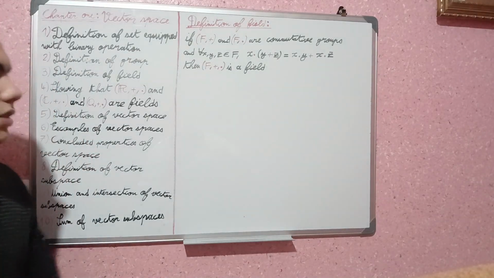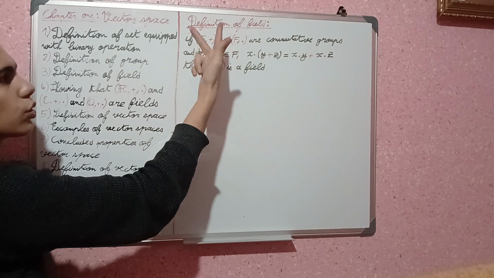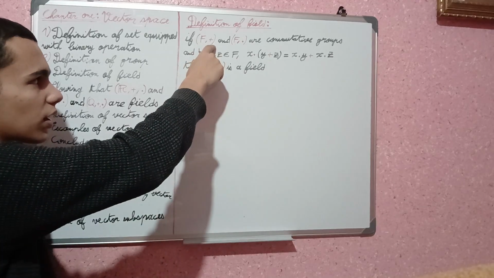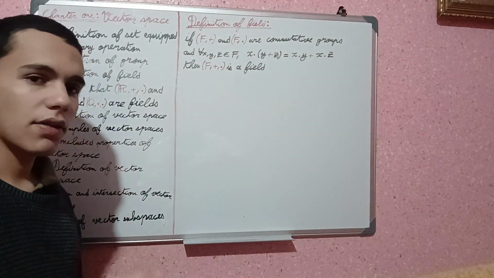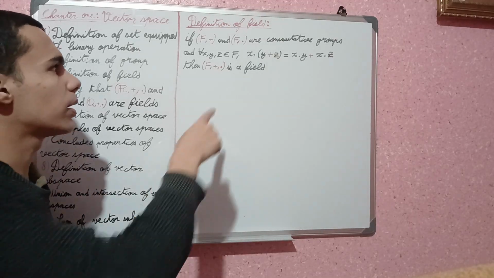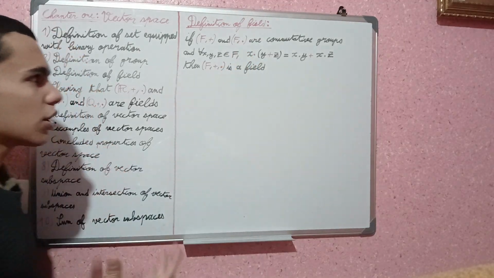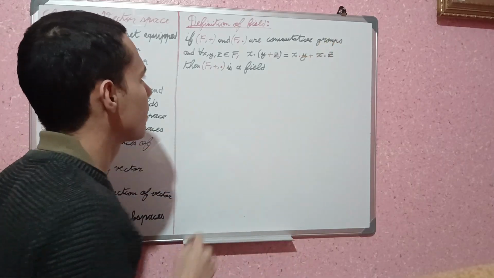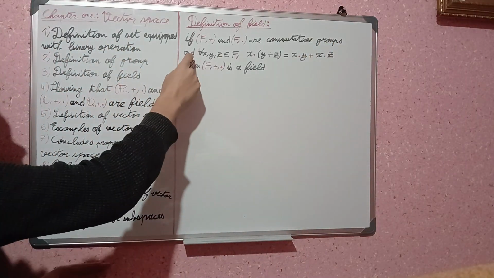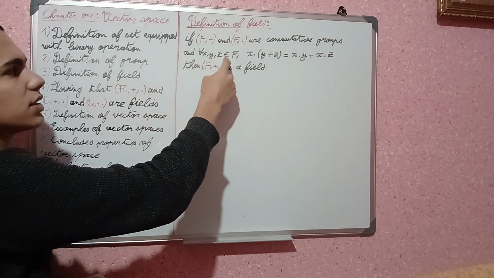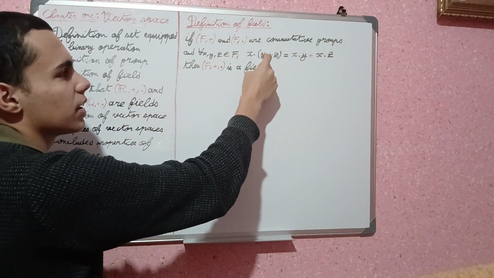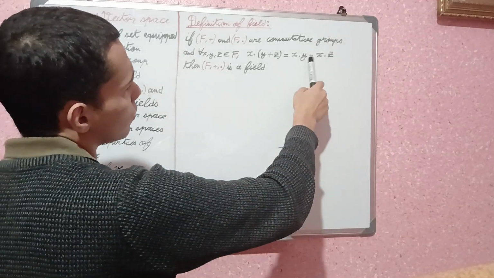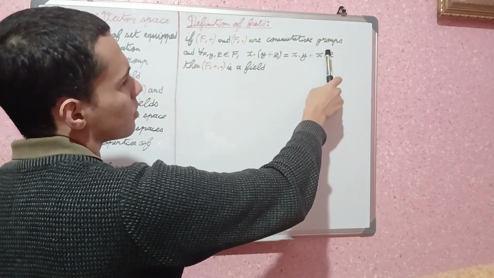Alright, let's start with the definition of a field. A field is very easy. If we have two groups, F equipped with the binary operation of addition and F equipped with the binary operation of multiplication, and these two sets are commutative groups, and also one condition: for all x, y and z belonging to F, x multiplied by y plus z equals x multiplied by y plus x multiplied by z.